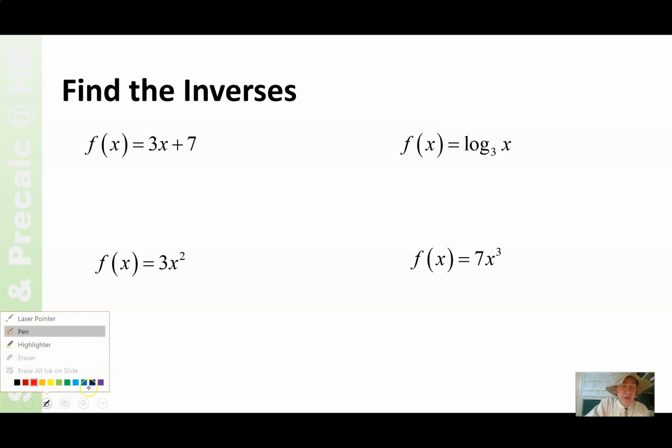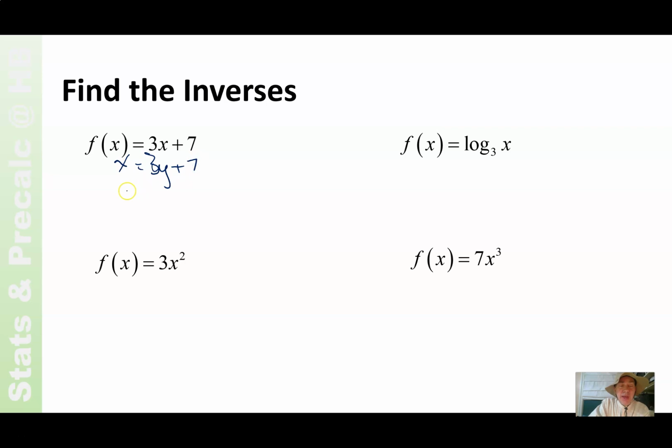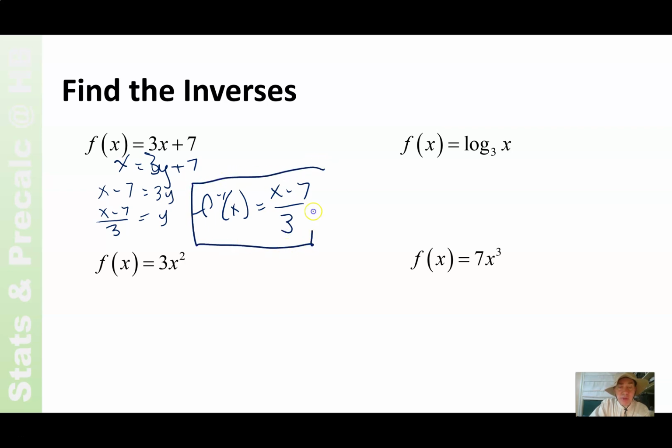F of x equals 3x plus 7. You say x equals 3y plus 7. Switch x and y, and now solve for y. X minus 7 equals 3y, and so y is x minus 7 divided by 3. So f inverse of x is x minus 7 over 3. There we go.